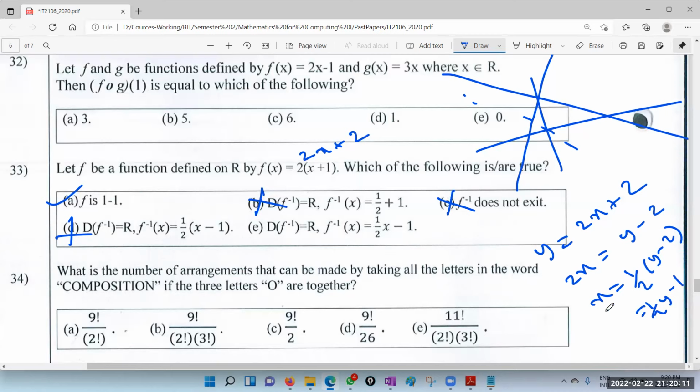You can write it as f(x), half x minus 1. You can write whatever way you want. It doesn't matter whether you use x or y. So therefore, this is correct. So if you have x equal this, then you can write y equal half x minus 1. So answer is A and E. Right, 33 answer is A and E.